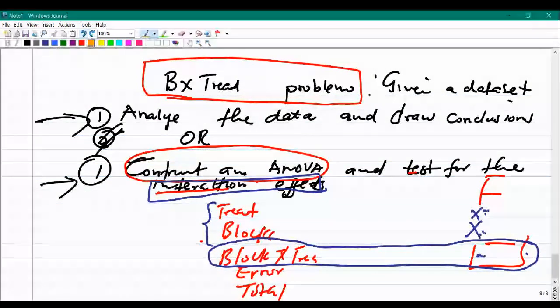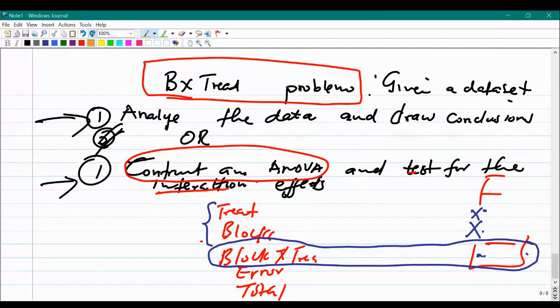The second question is tricky, guys. Sorry, the first question says analyze the data and draw conclusions. So this one now is flexible.